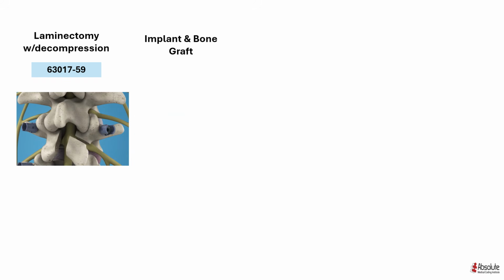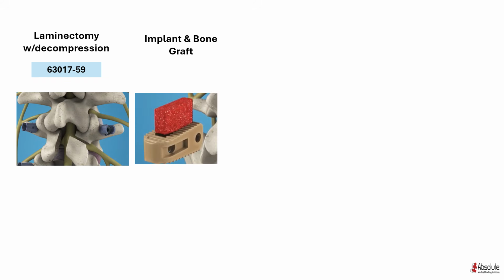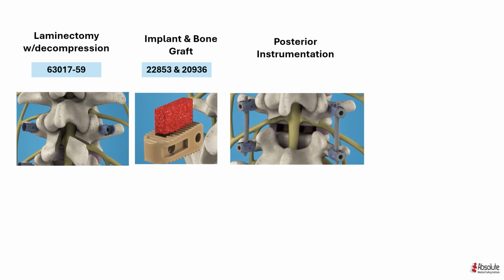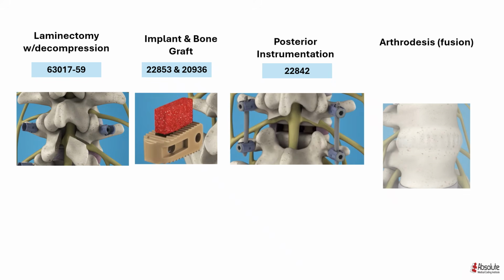We also had a bone graft, right, with implant. So the brown piece is the implant, the gold bone graft was applied, and 22853 and 20936, and posterior instrumentation was applied. Now, this is only 2 levels, but ours would be 3 levels, 22842, and arthrodesis took place.